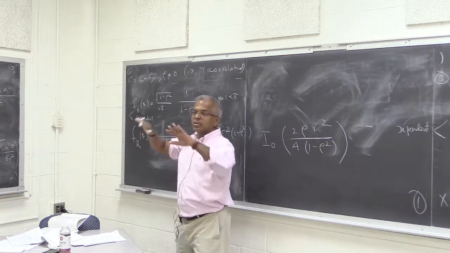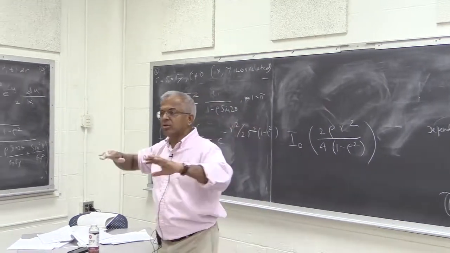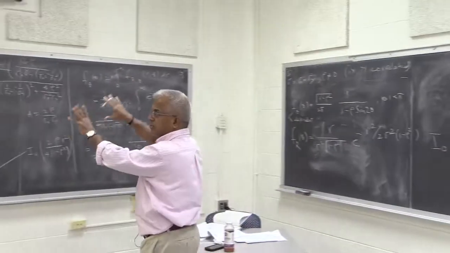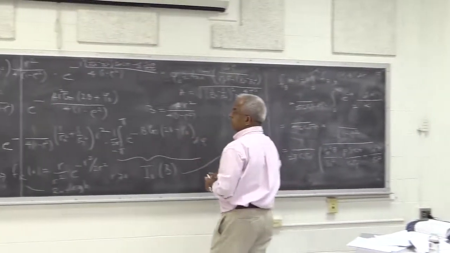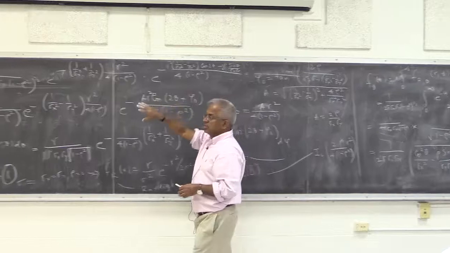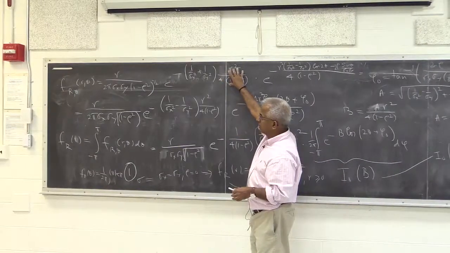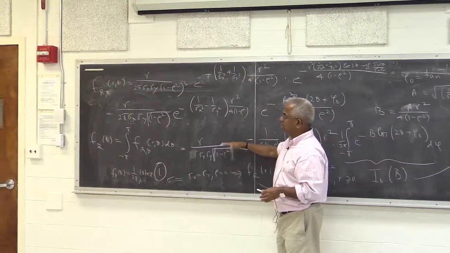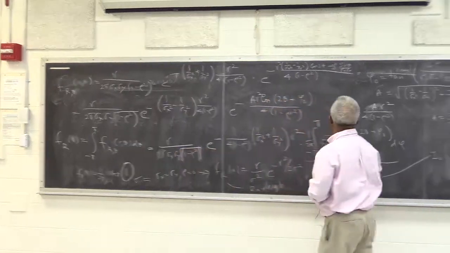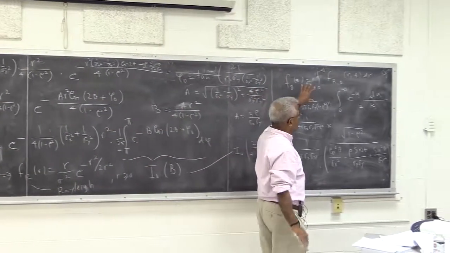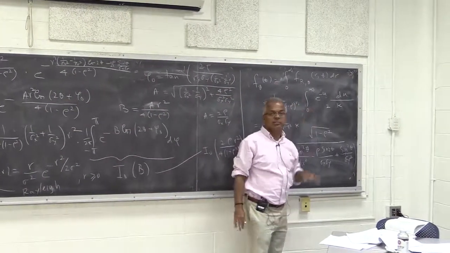In the general case, when they have unequal variances and are correlated, it's an even bigger mess, which is here. You have the joint density function, either that expression or this expression, and you have the marginal density function of R, and you also have the marginal density function of theta.